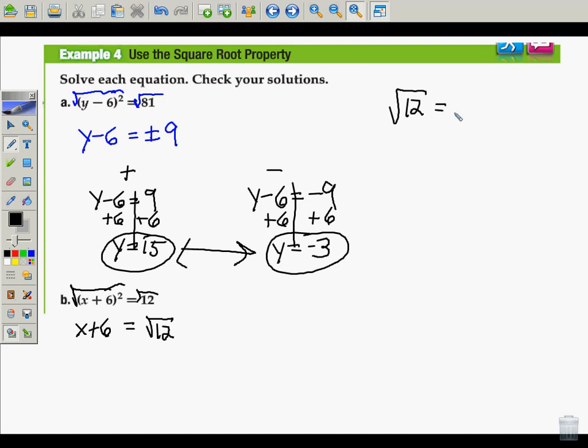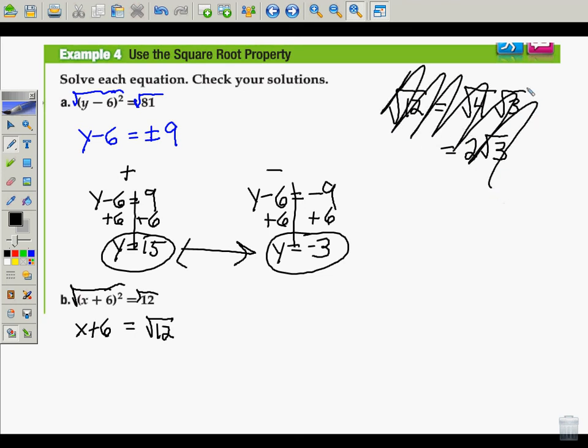This is just something you'll learn eventually. It could be written as the square root of 4 times the square root of 3, so we could say it's the same thing as 2 square root 3, because the square root of 4 is 2, and we can't take the square root of 3. If this confuses you, don't write it down, don't worry about it. If you've already seen it, good, okay, but you don't have to use it for now.